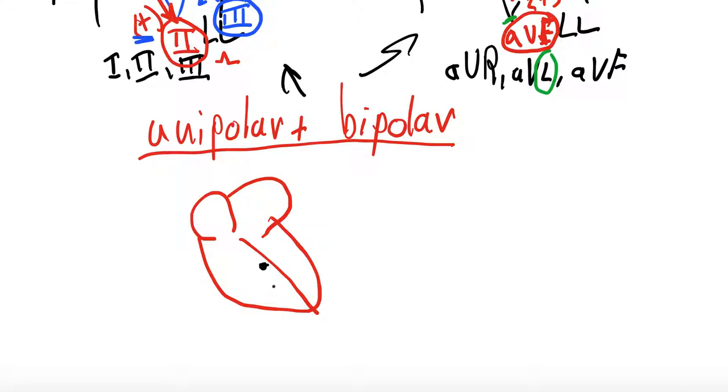So lead 1, one of the bipolar leads. Remember that was right negative, left positive, so it goes in this direction. So depolarizations that way will be positive. For the bipolar lead 2, if you remember, that was from right arm down to left leg.